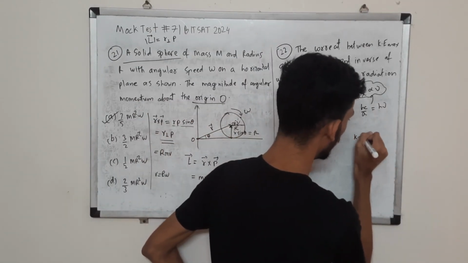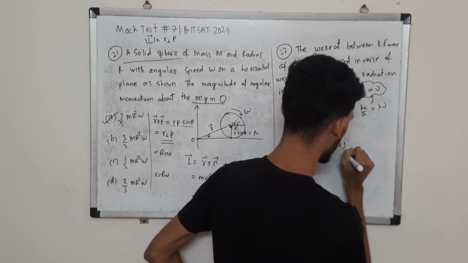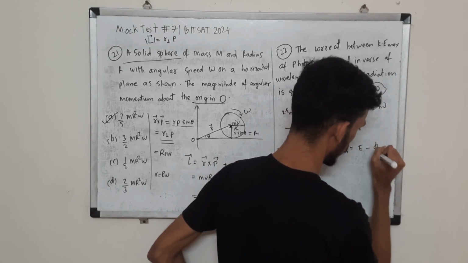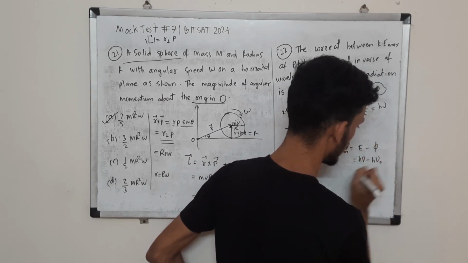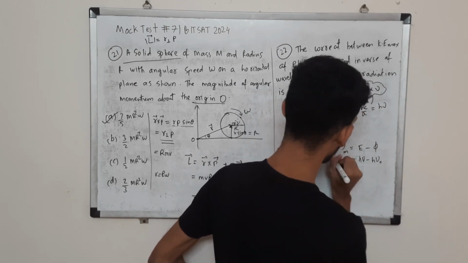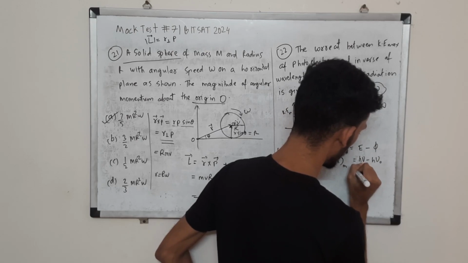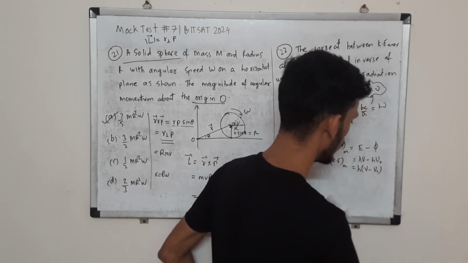From the photoelectric equation, kinetic energy maximum will be the energy supplied minus the work function, right? So energy supplied you can write as h nu, and this as h nu naught, some threshold frequency. This is maximum kinetic energy. So h can be taken common, and you can write it like this.